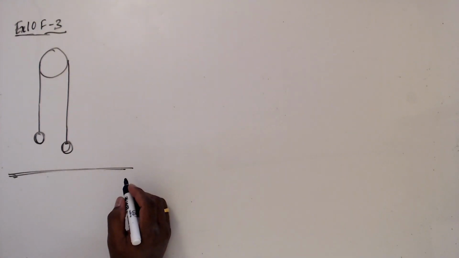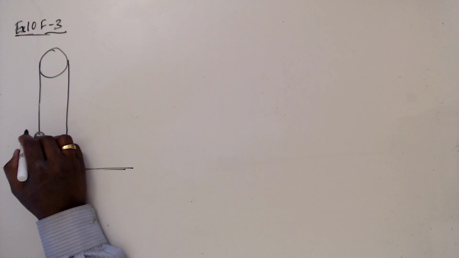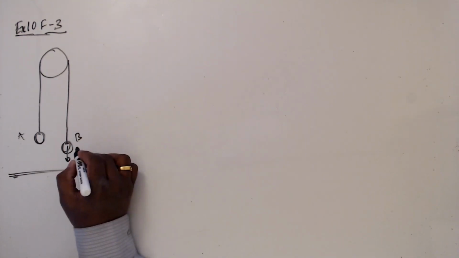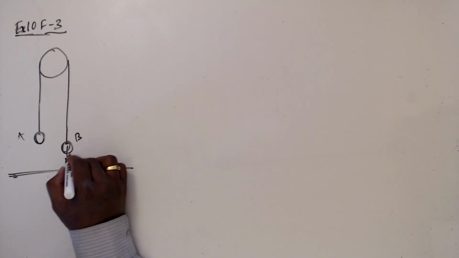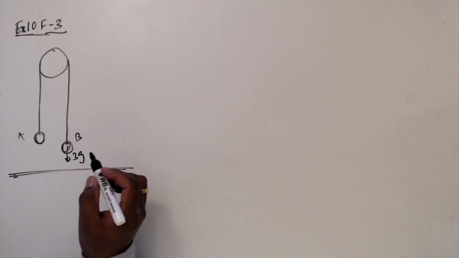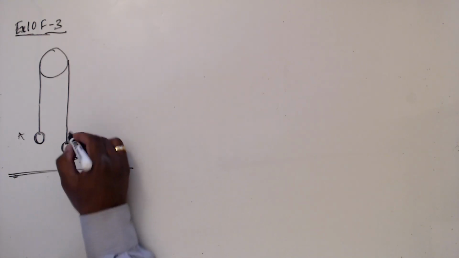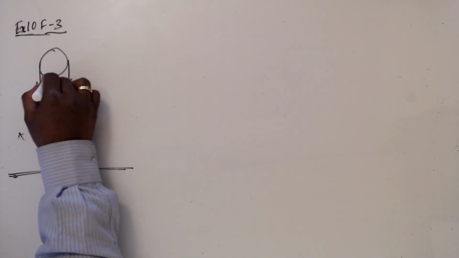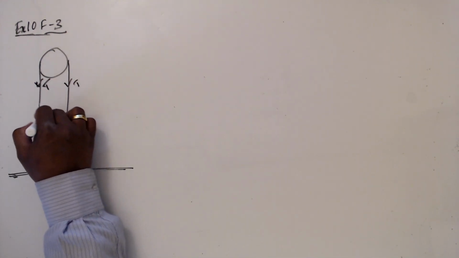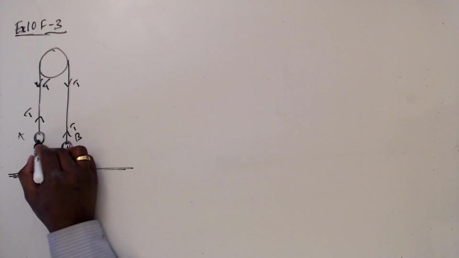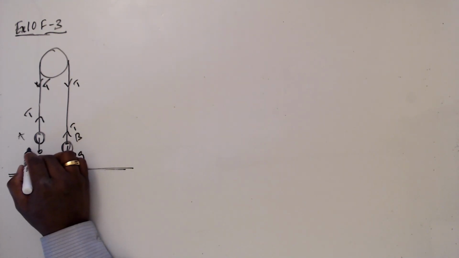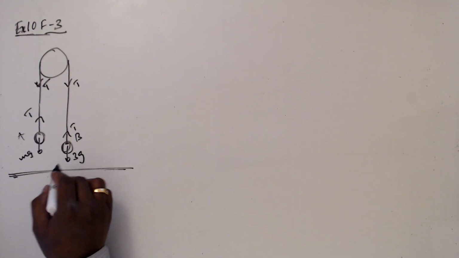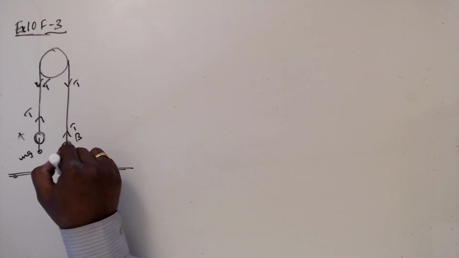Question number 3. So this is A particle and this is B particle. It is 3 kilograms or 3g weight. So this is the tension, as this pulley is smooth and the string is inextensible, and this is mg, given mg. So which direction is it going?